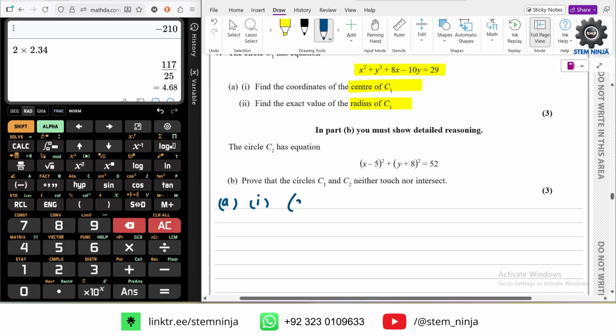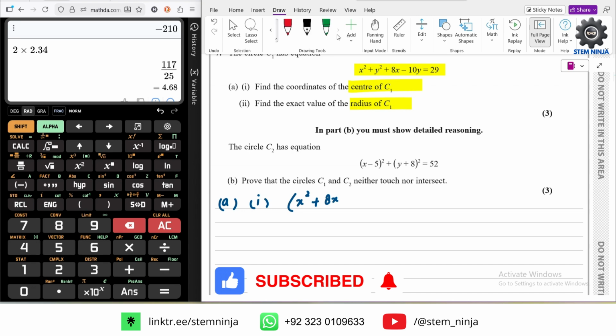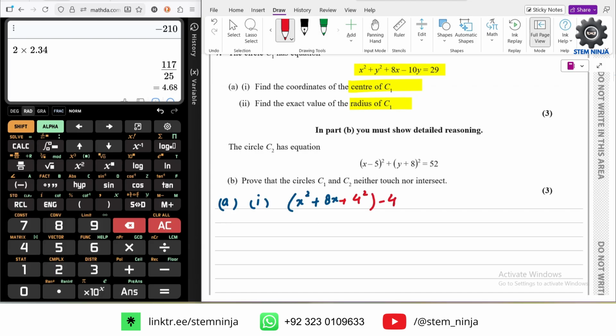So this would be x squared plus 8x plus 4 squared minus 4 squared, and then y squared minus 10y plus 5 squared minus 5 squared equals 29.